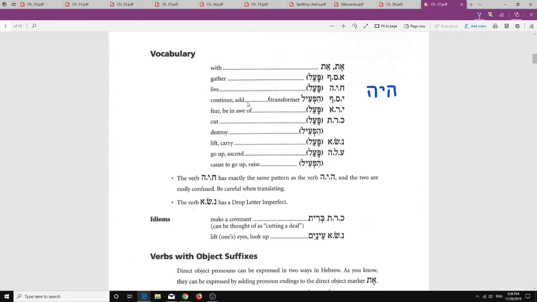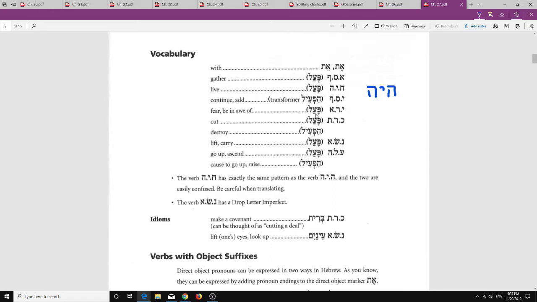Means continue or add. So easy to remember because in that narrative, Rachel says something along the lines of, maybe the Lord has added to my family, or I forget if it's like, may the Lord continue to add. I forget, but that's the reason she chose the name Joseph. So hopefully that will help you remember.